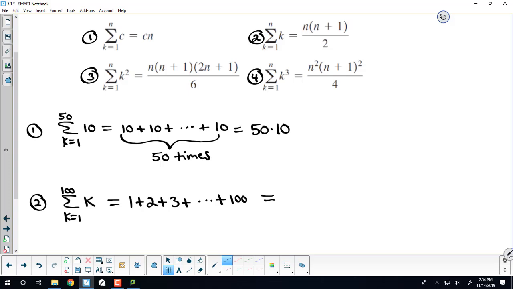And so instead of typing that out or trying to compute that, we use the formula. Since we're stopping at 100, that sum is just n times n plus 1 all over 2.